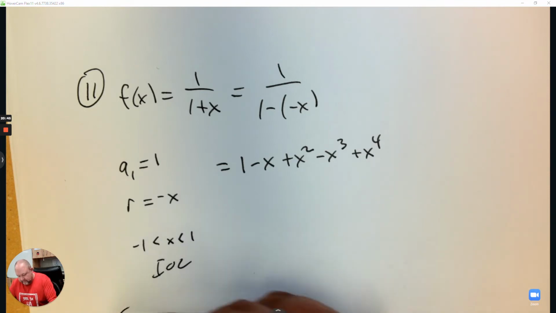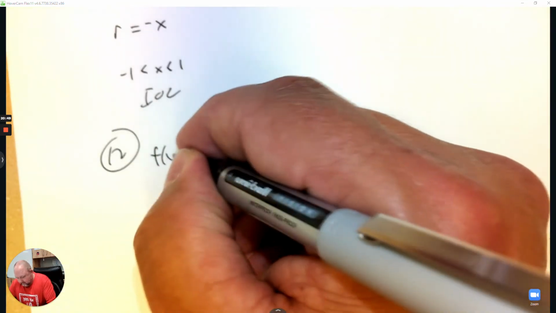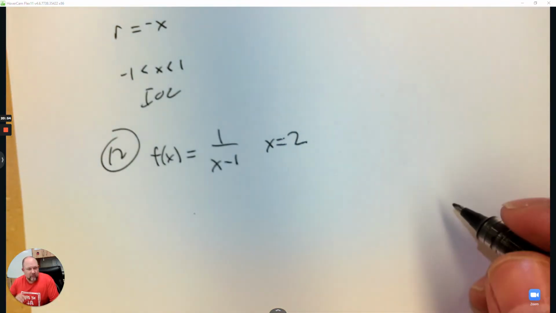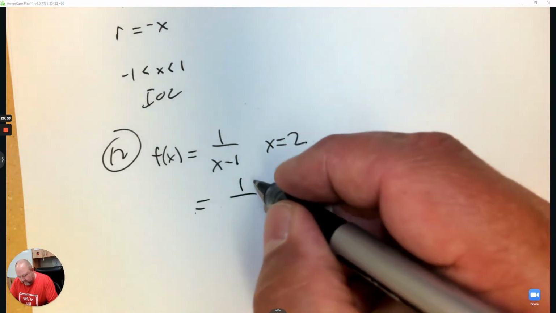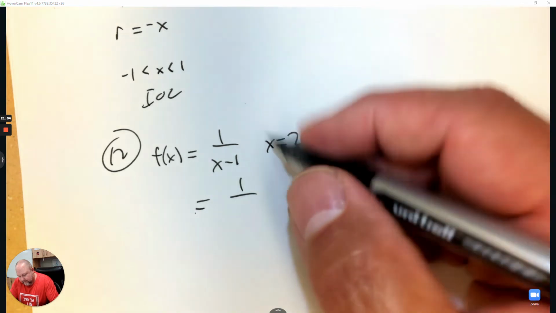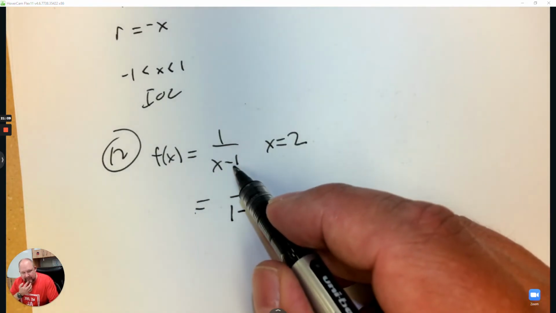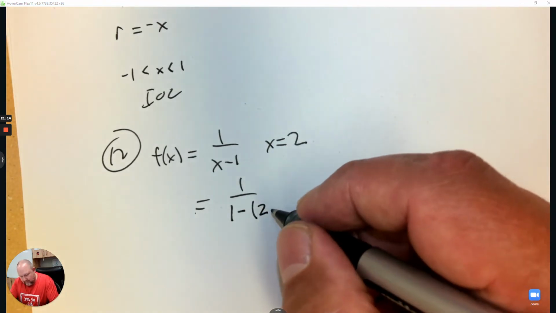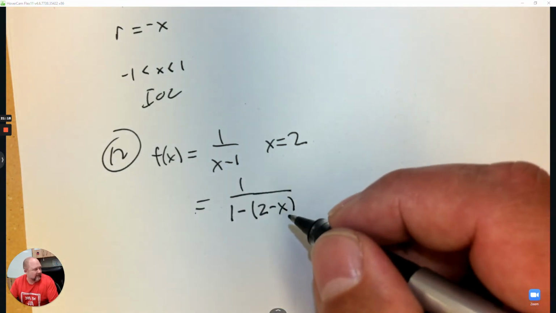Number 12. So there's two ways to handle this. So 1 over x minus 1 is a geometric. And it needs to be in the form 1 subtract. So for that to be -1, and then the x to be positive, it would be 2 minus x, right?